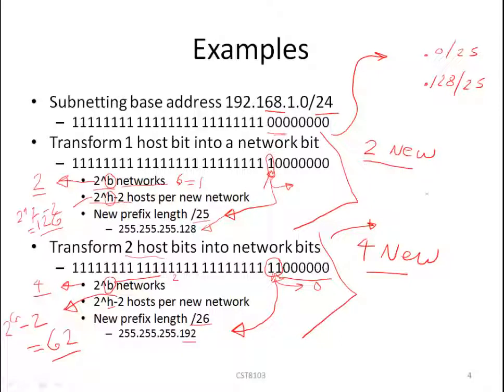The first network will have a .0/26, the second network ID .64/26, the third one is .128/26, and the fourth new network will have a network ID of .192/26. And in each of these new networks, we will have a maximum number of IPs equal to 62.